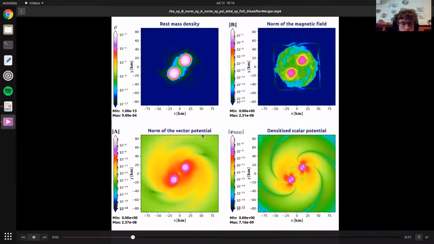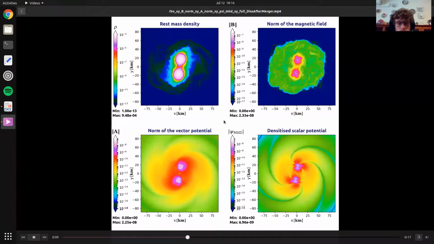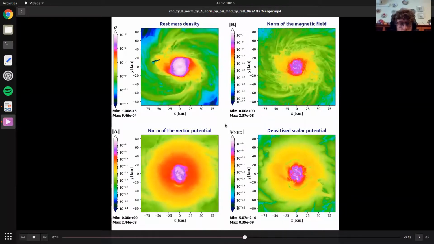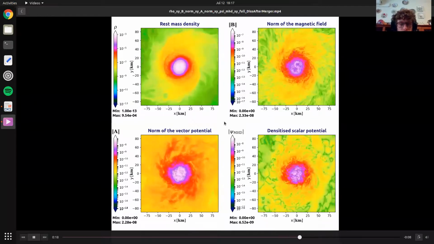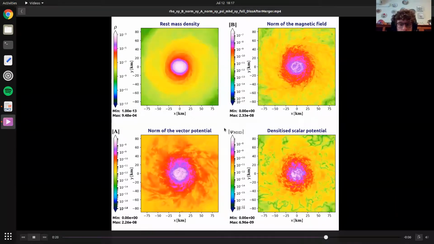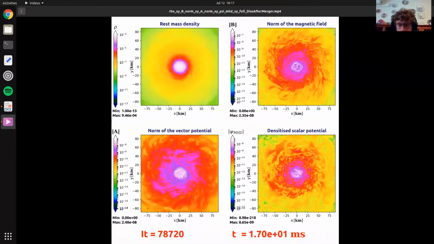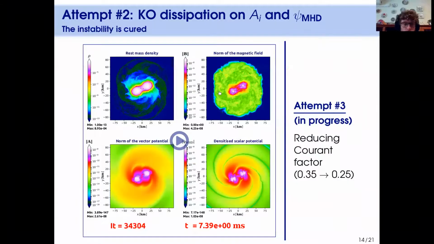Obviously, the price you have to pay is that you cannot resolve, for example, Kelvin-Helmholtz instability or the MRI, if there are any, very well, but the evolution is otherwise much more stable. And this is probably going to collapse just after this last frame, okay? So it is about to collapse.